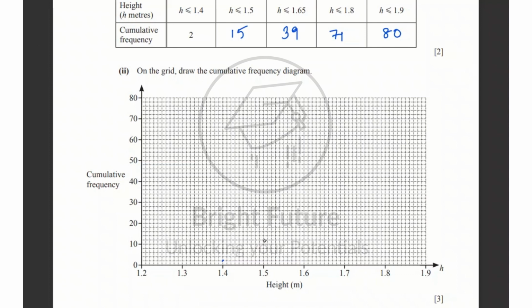So if this is 10, 2, 4, it is somewhere over here. Then 1.65 is over here.